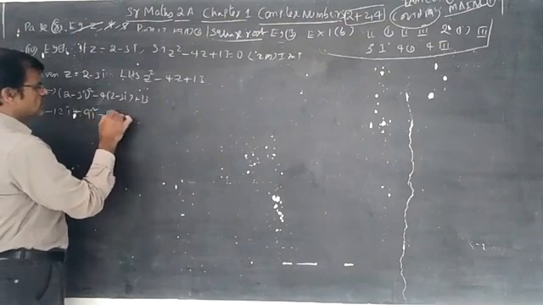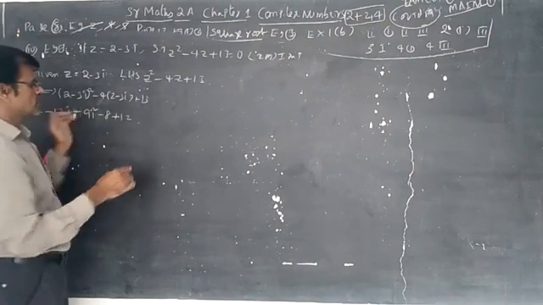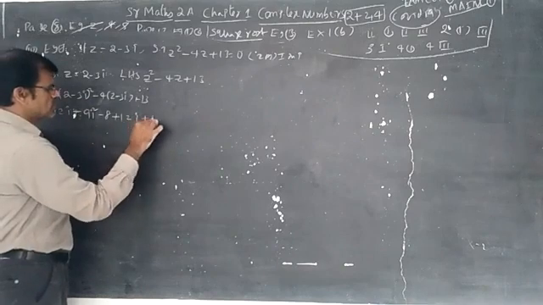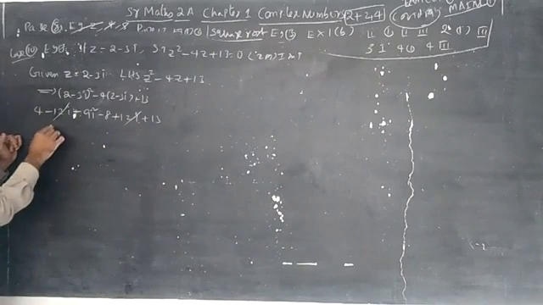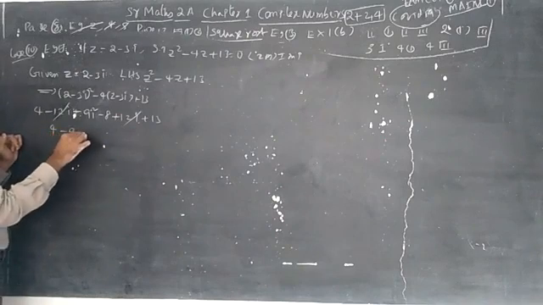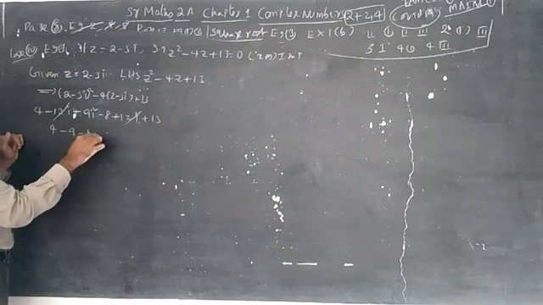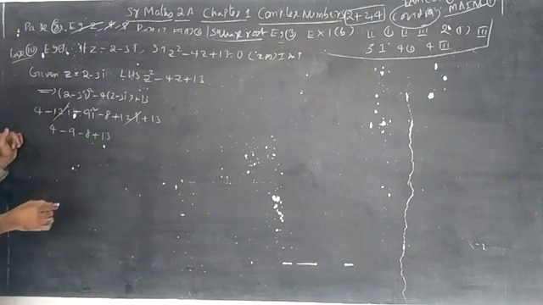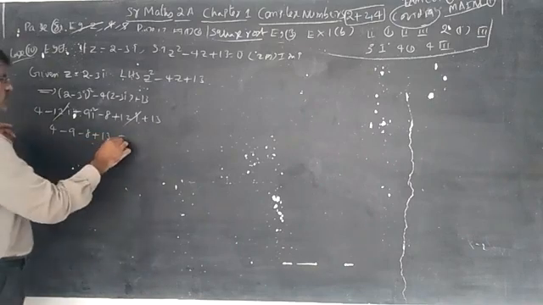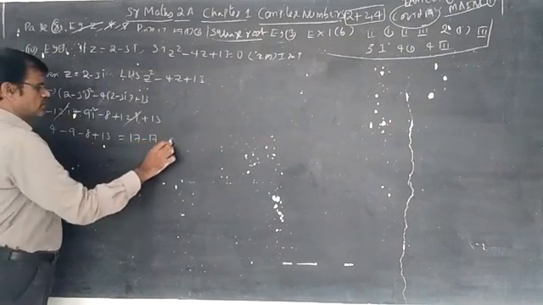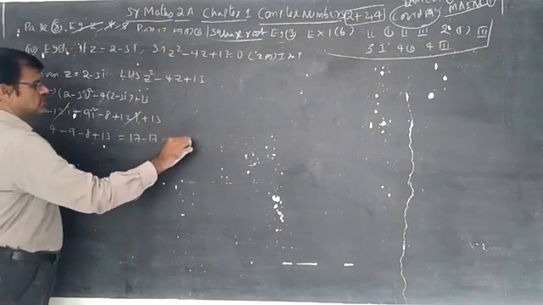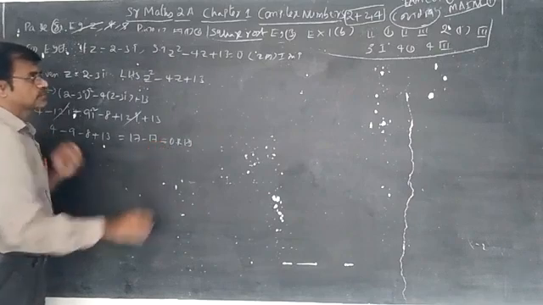Minus 4 2s are 8, minus 4 3s are plus 12i, plus 13. Here minus 12i plus 12i get cancelled. So this is 4 minus 9 minus 8 plus 13. 4 plus 13 is 17. 17 minus 17 equal to 0. That's all. LHS equals RHS. This is a 2 marks question.